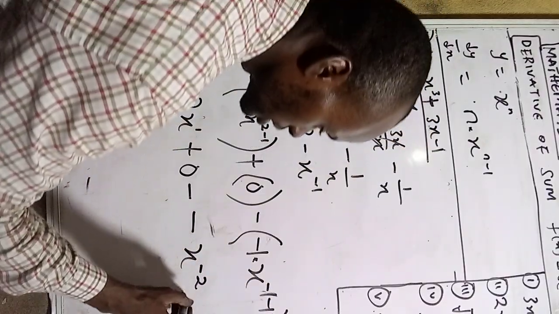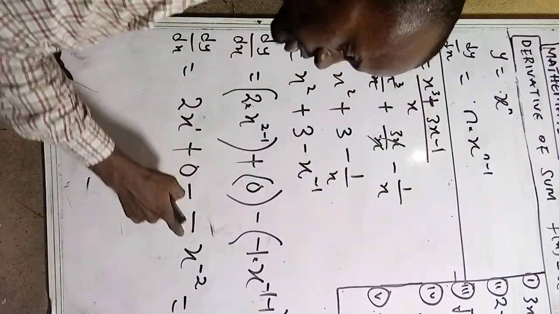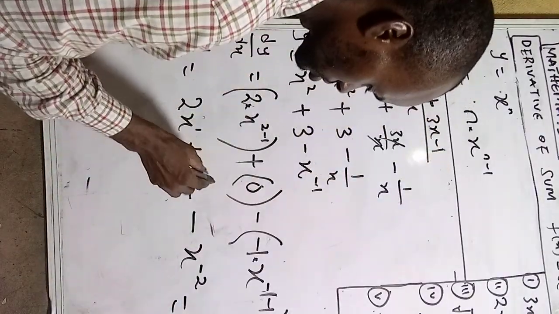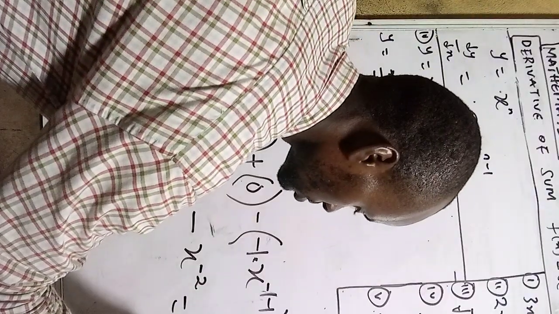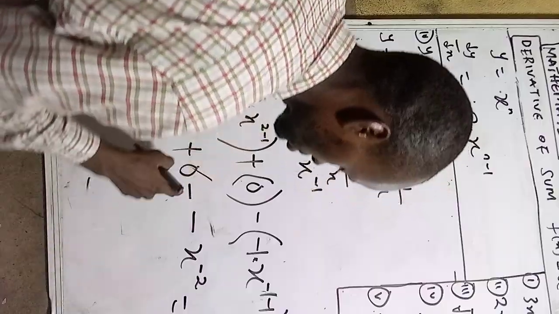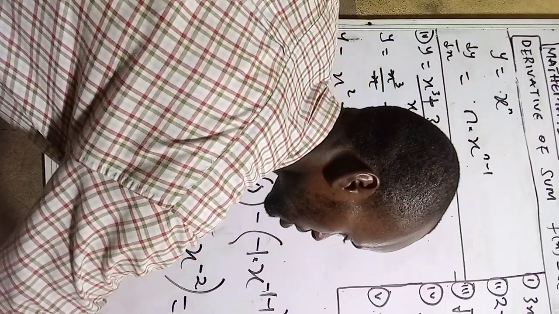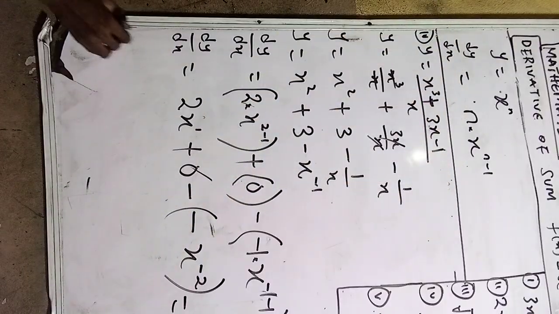So on this side I will have 2x, minus times minus is also plus, so 0 will be out. Minus times minus is plus. So that will be x raised to the power minus 2. So I can have my final answer.